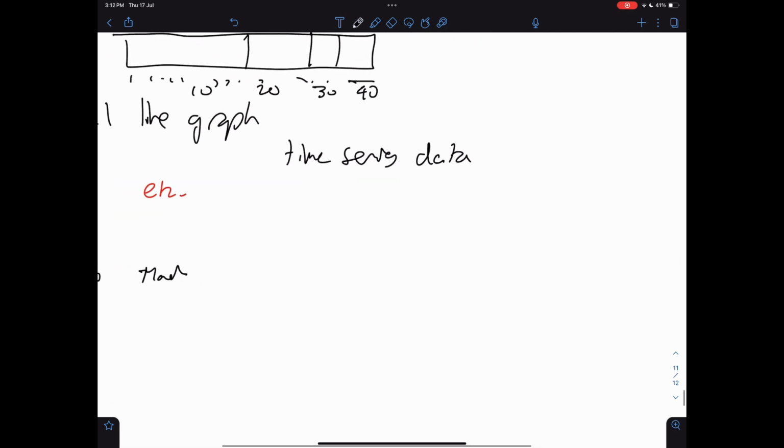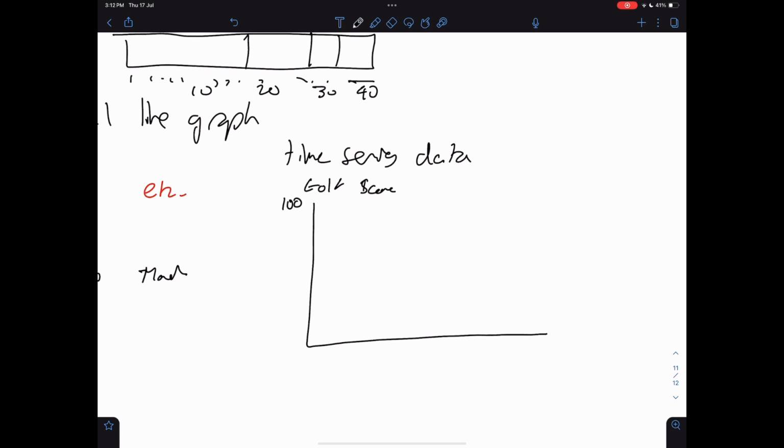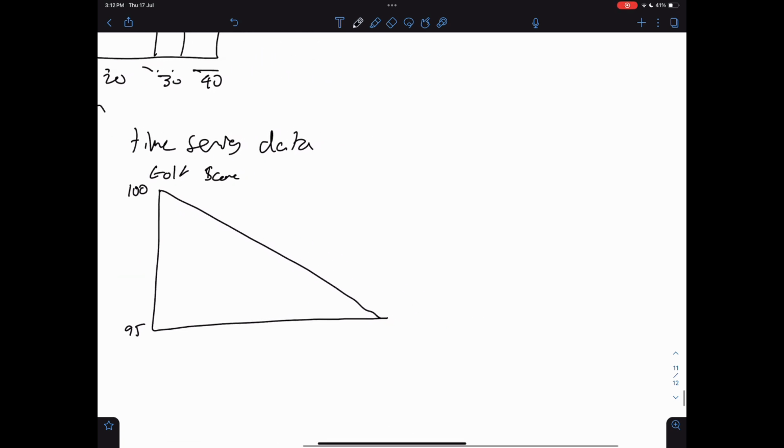And once again, that can be misleading. For example, if you did golf score, if you say you went 100, then you put the bottom as 95, and then you did that.